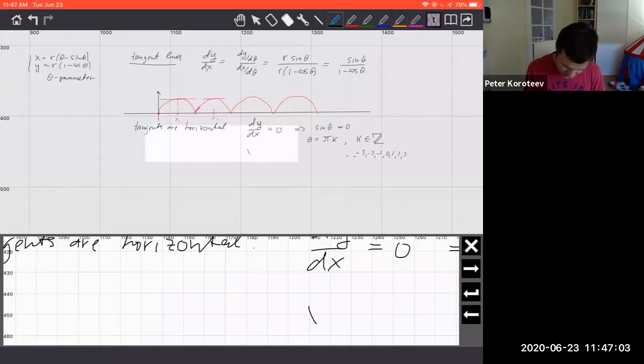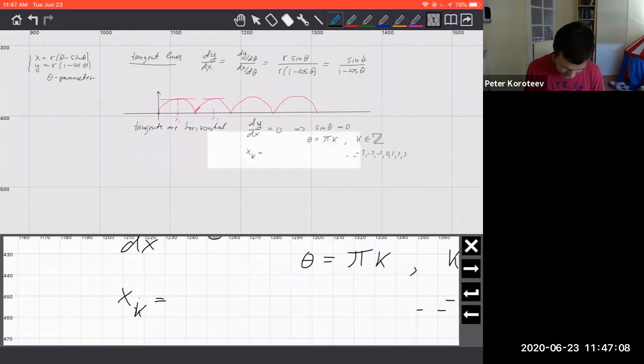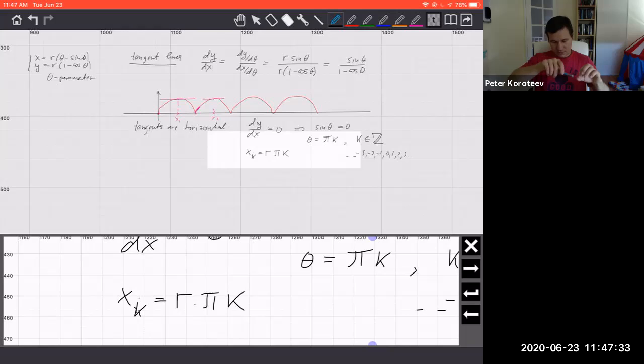So these are the points when x_k is equal to r, which is a constant, times pi times k. So that's when the hash mark is at the top point.